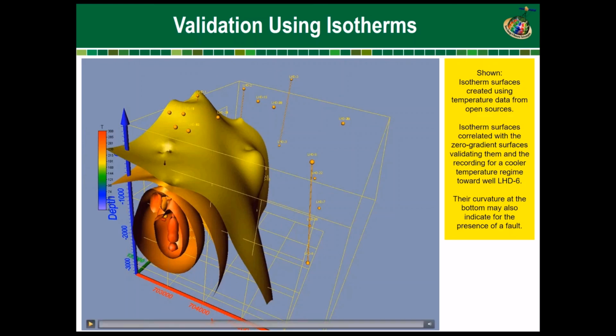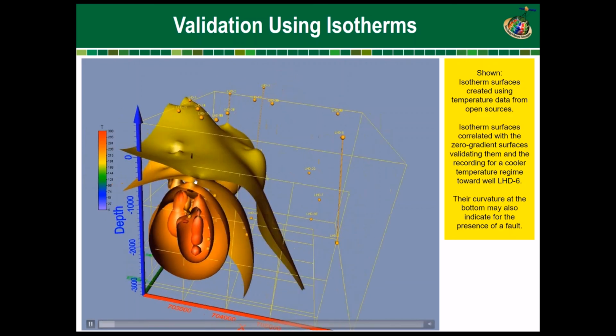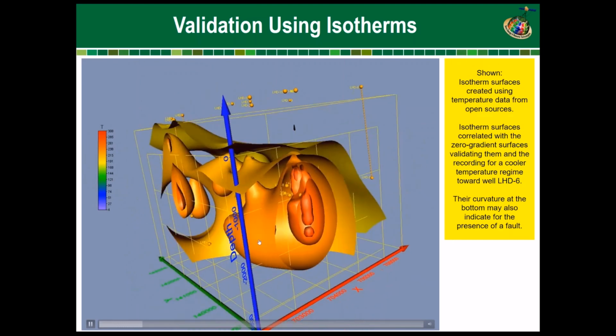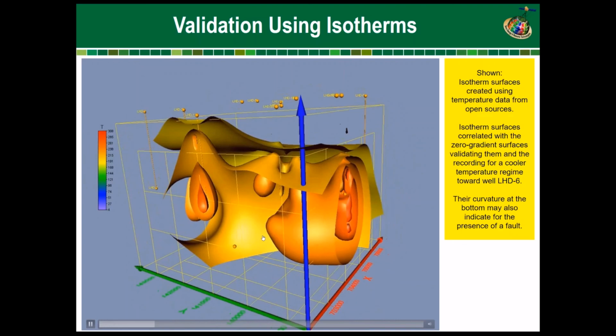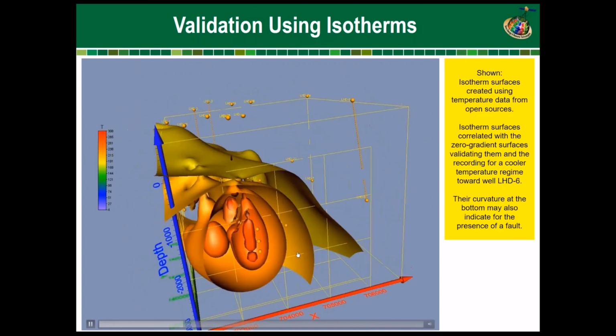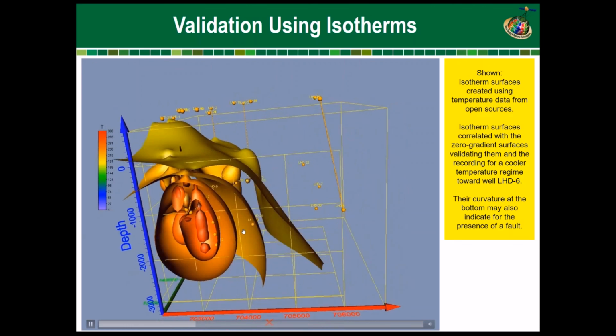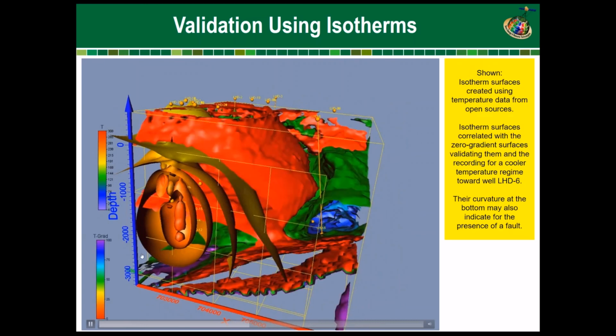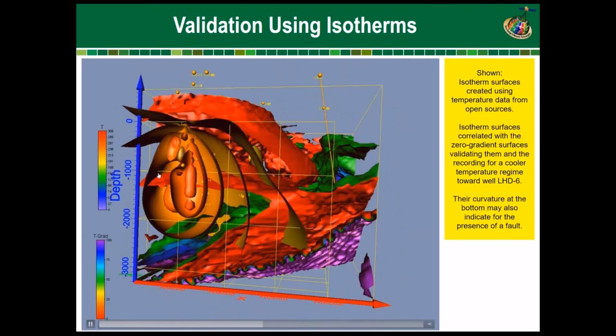What you see here are the isotherm surfaces that were created utilizing temperature data from the open sources, so temperature measurements from within the wellbores. As you can see here, we have a hot area right here, and at this point we know it's one of our main reservoirs.